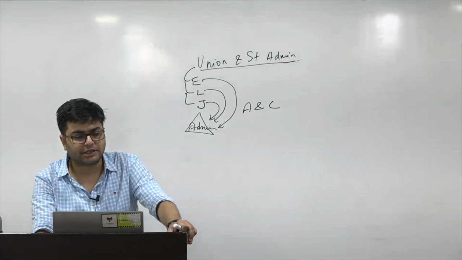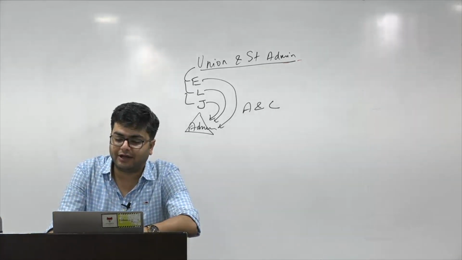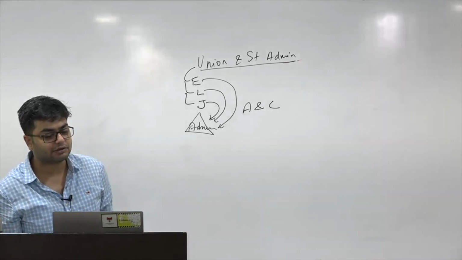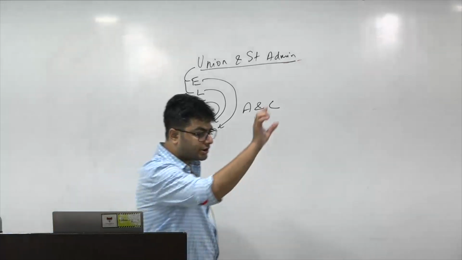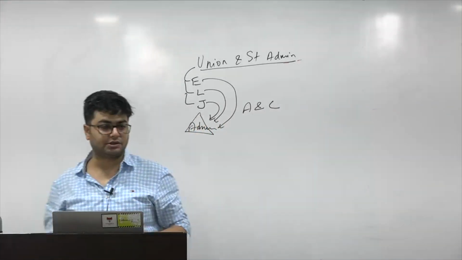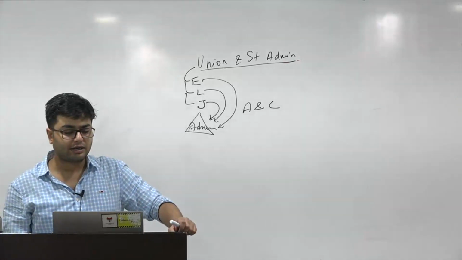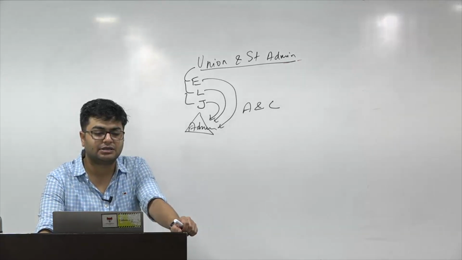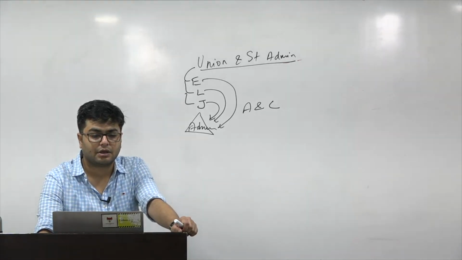With regards to the president, you have various articles, and the powers and functions: legislative powers, financial powers, judicial powers, right, all of them are there. Military, diplomatic, emergency powers are there.